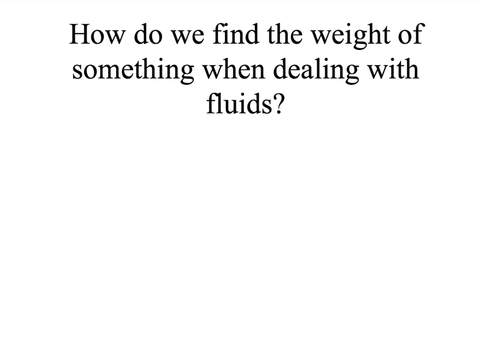So let's review how we find the weight of something when we're dealing with fluid. When we're dealing with fluid, we often talk about the density of the fluid, which is its mass over its volume. The reason that we do this is because with a fluid, it's much more likely that we know what the volume of fluid is.